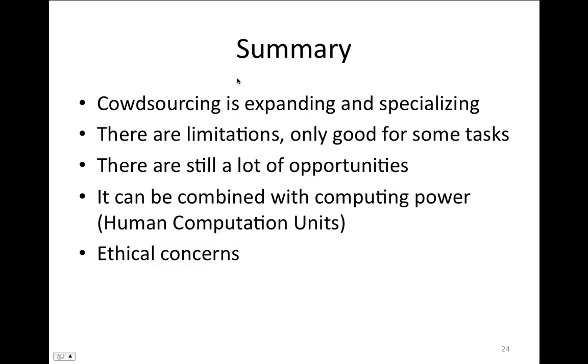Crowdsourcing can be combined in a hybrid system with computing power, and if we can take the human being as a human computational unit and somehow combine their power with the computers, then we can get much smarter systems, and we can do much more than what we are able to achieve right now.